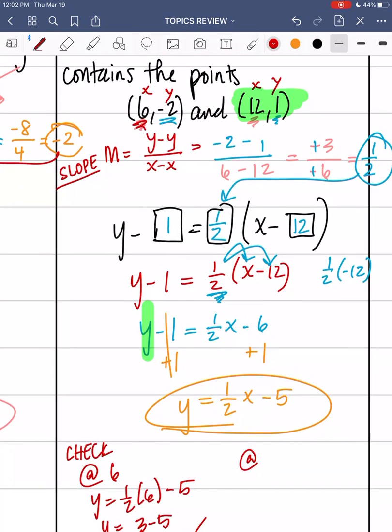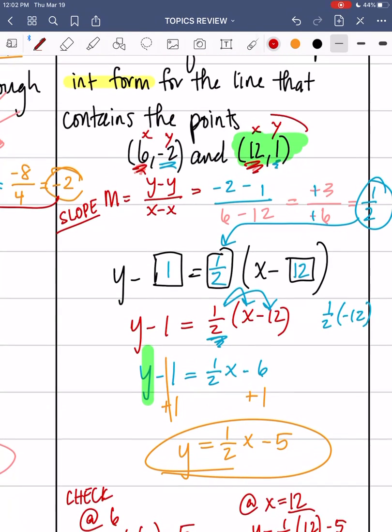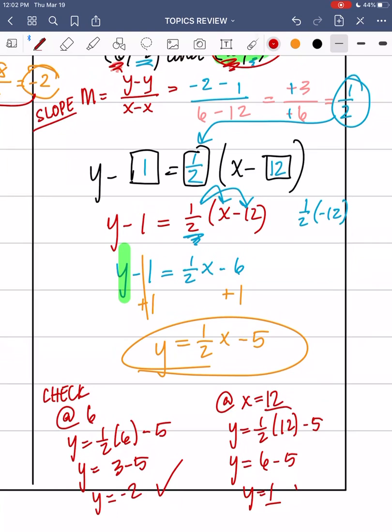At x equals 12, what happens if I plug in 12 for x? I get y equals 1/2 times 12 minus 5. 1/2 times 12 is 6 minus 5. Y equals 1. So was 12 paired with 1? Yes, it was. Check. Very good. We double checked that. It's definitely the right answer.